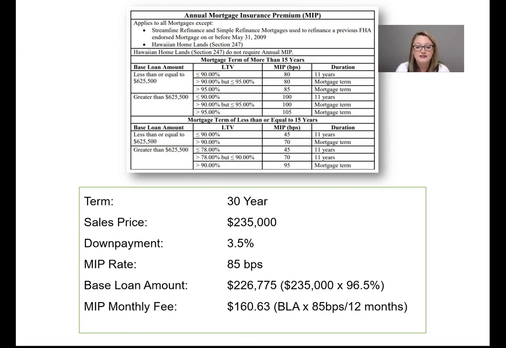So in this case, it's $160.63. You do not drop the change in this scenario. So it's very clear to see here that in this scenario, the borrower's monthly MIP would be $160.63, and we got all of this by just going to the calculation rate set by FHA.